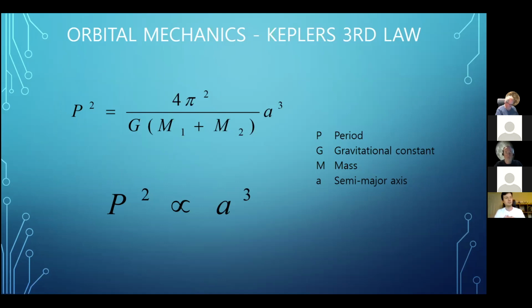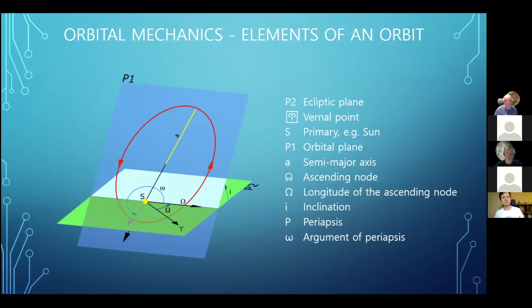That's what the third law basically tells us: the orbital period squared is proportional to the semi-major axis cubed. Which means when we look at orbit heights, or altitudes, the period is proportional to how high it is.